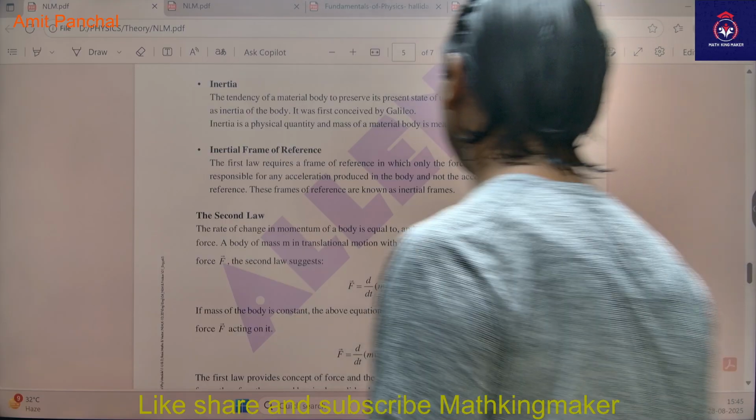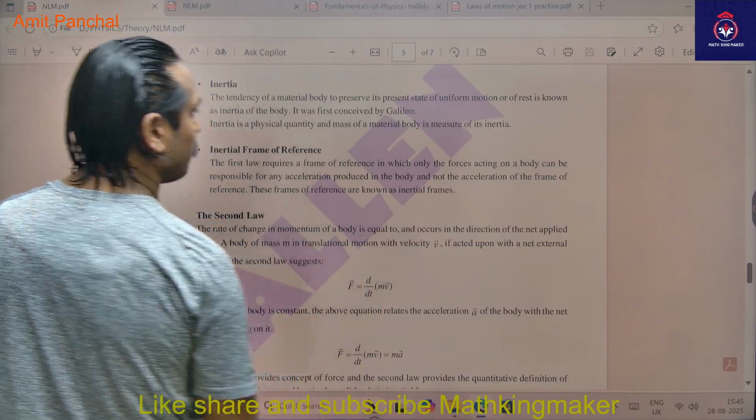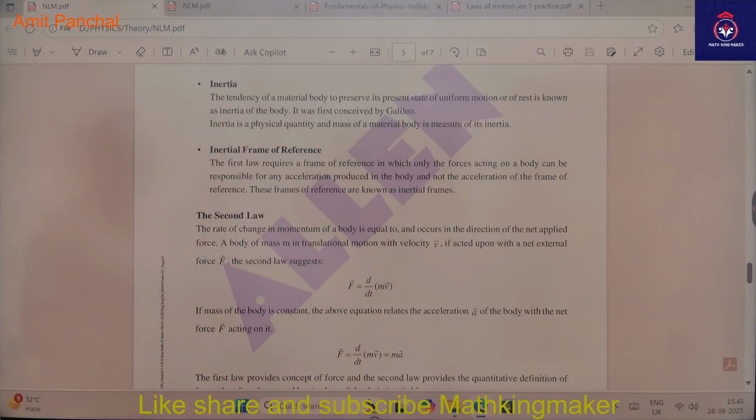The first law requires a frame of reference in which only the forces acting on a body can be responsible for any acceleration produced in the body, not the acceleration of the frame of reference. These frames of reference are known as inertial frames.